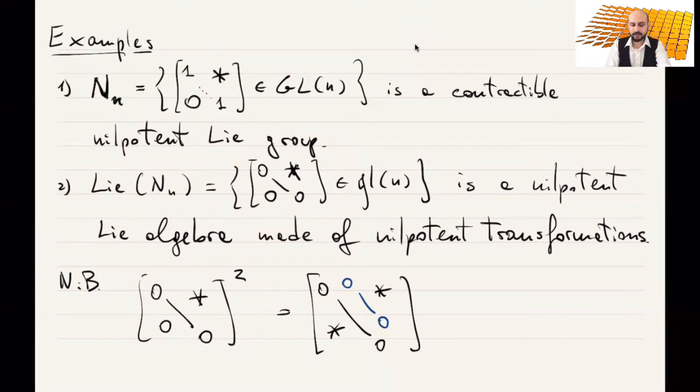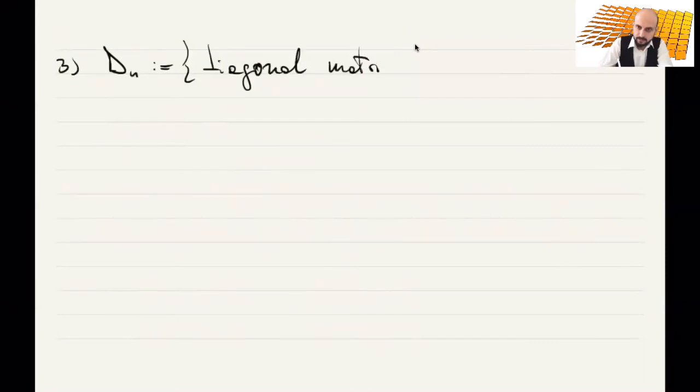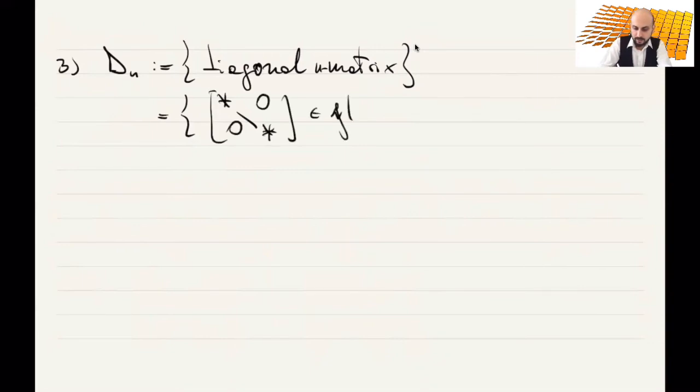Let me clarify the fact that you can have nilpotent Lie algebras that are not made of nilpotent transformations. This example here is if you take the diagonal matrices, n by n matrices. So I'm saying you have something on the diagonal and 0 above and below. It's an element of GL_n.